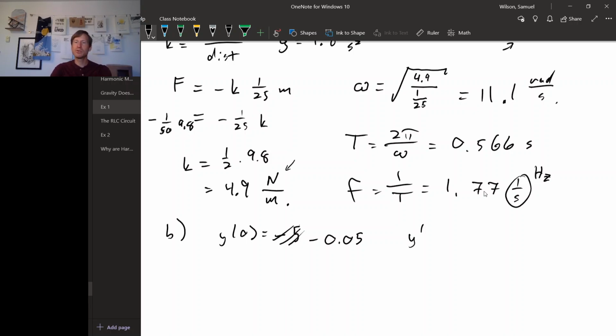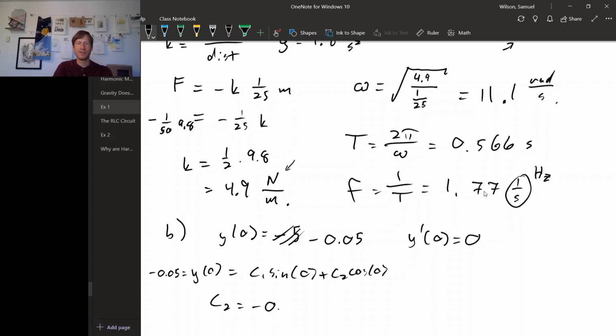Okay, and since we're releasing it, we aren't throwing it upwards or downwards, we're just letting go, that means the initial velocity is 0. So we can use these two initial conditions. Since y of 0 is minus 0.05 meters, if we plug y of 0 into our general solution, we get c1 sine of 0 plus c2 cosine of 0. And so c2 is minus 0.05.